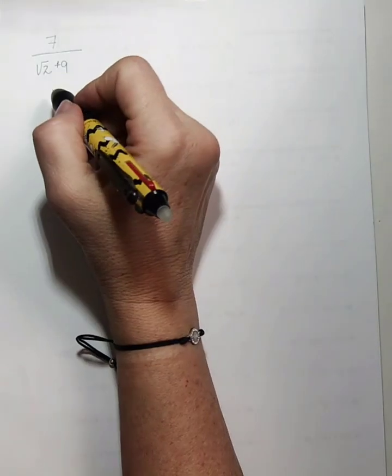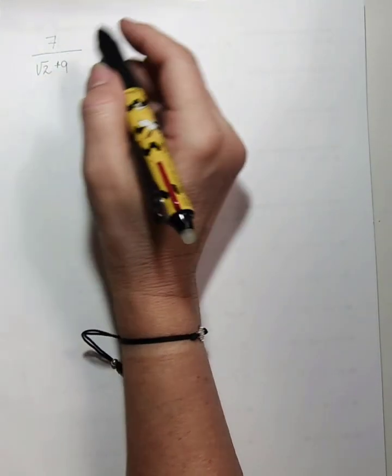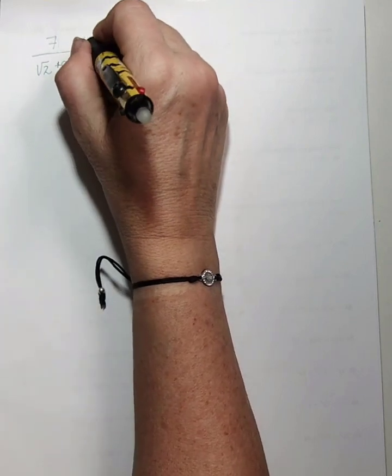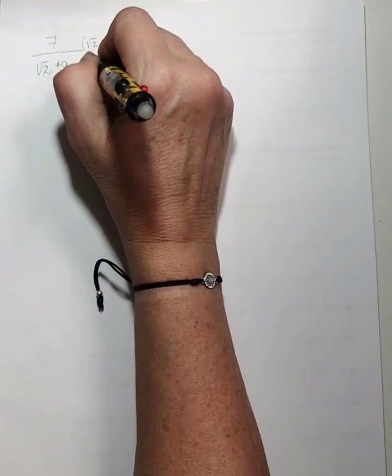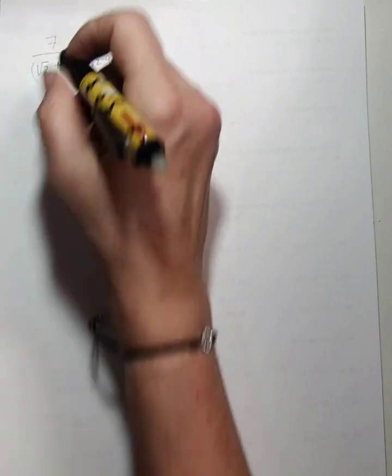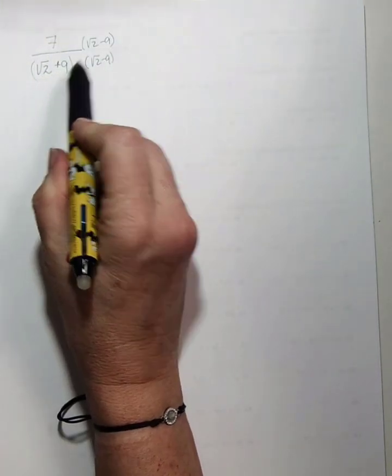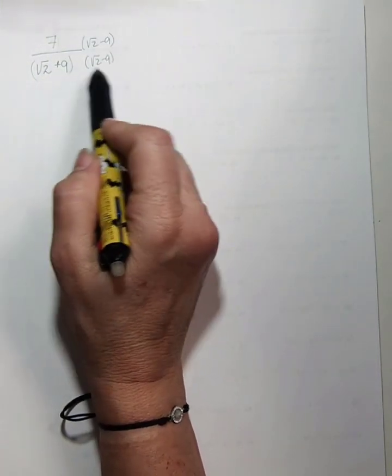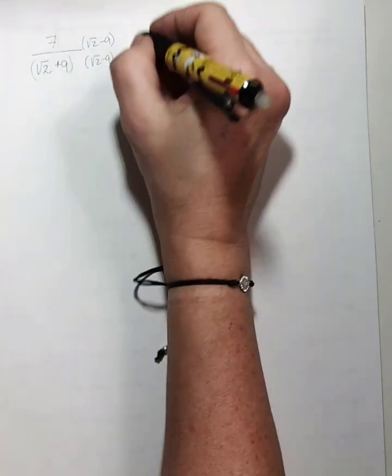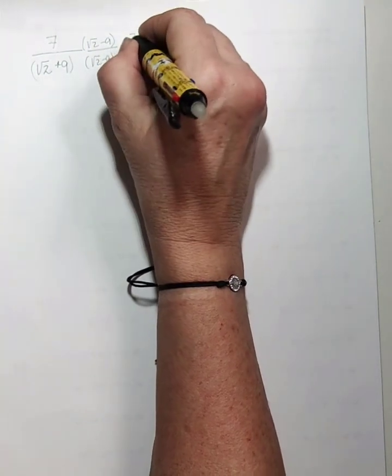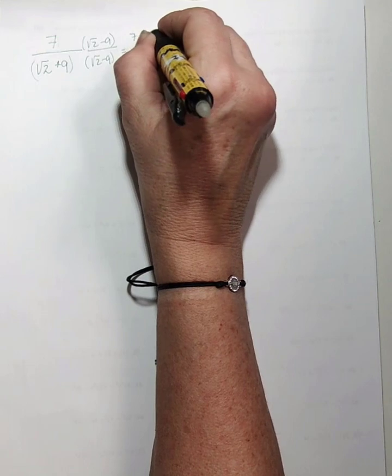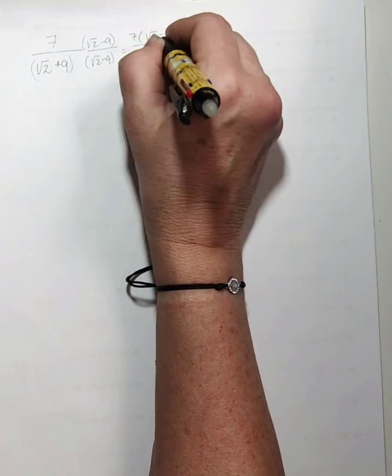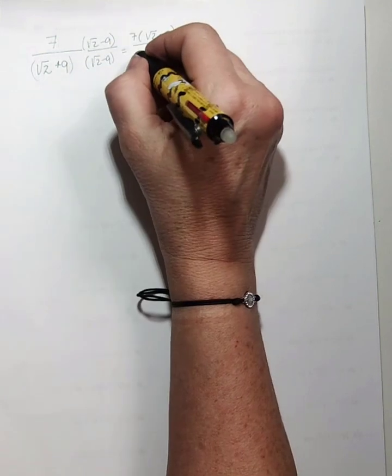So if I had the square root of 7 divided by the square root of 2 plus 9, I'm going to multiply top and bottom, and we call this the conjugate. If this is square root of 2 plus 9, then square root of 2 minus 9 is its conjugate, that opposite sign. So I'd have 7 times the square root of 2 minus 9, square of the first.